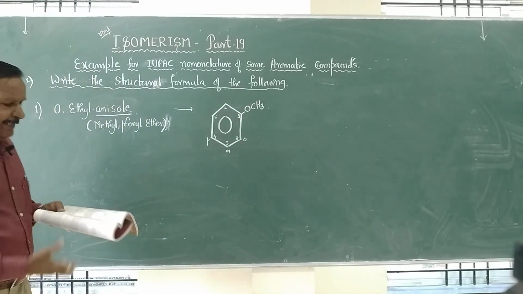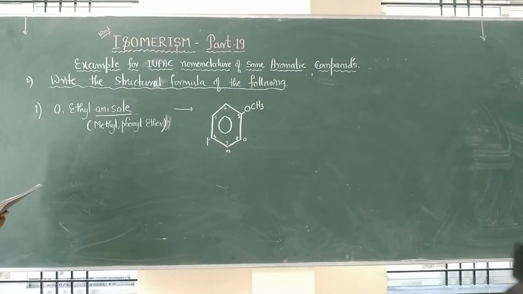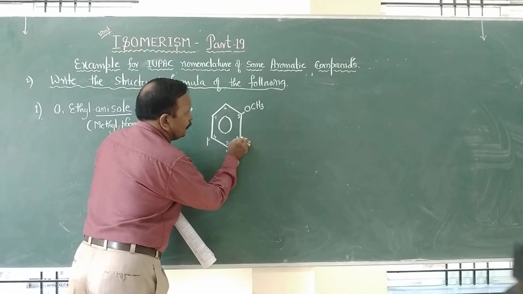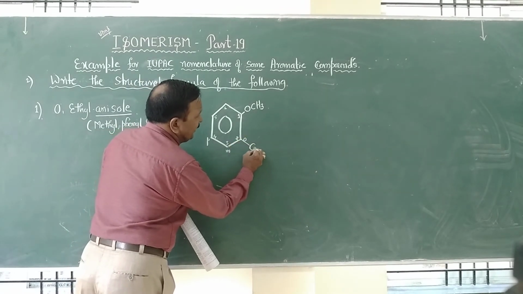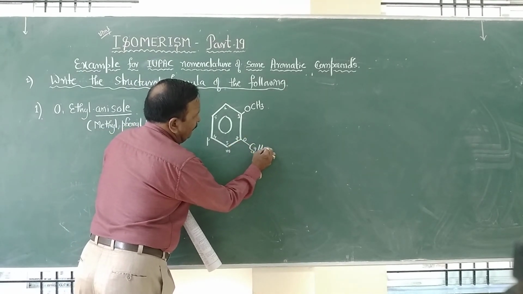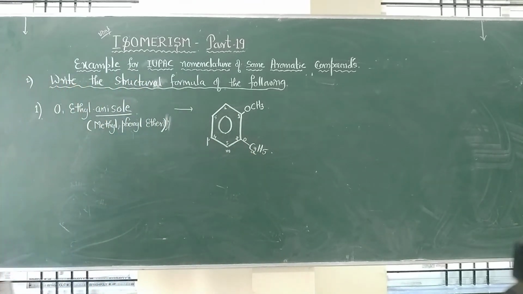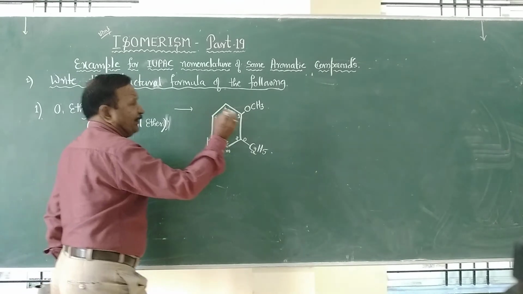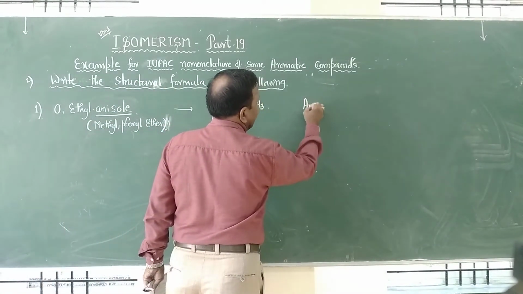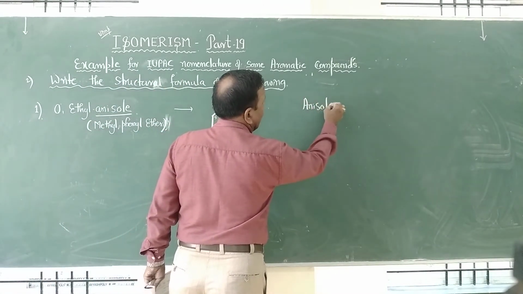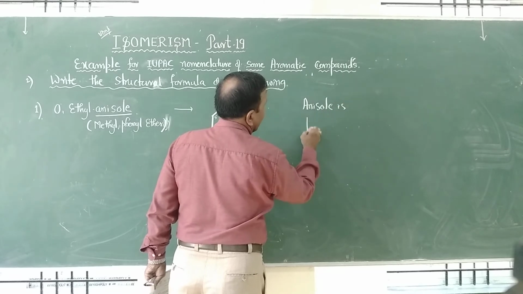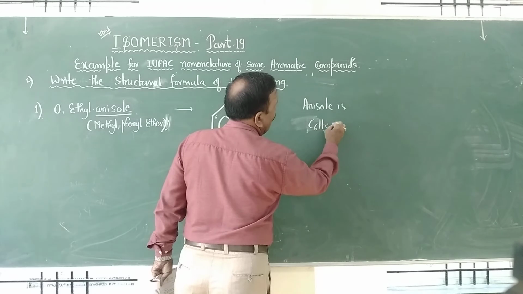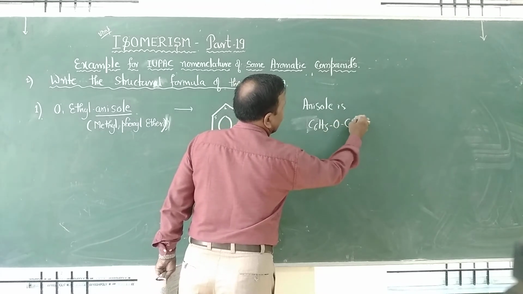Then, what have they asked? Ortho-ethyl. So, you should write an ethyl group here. So, ortho-ethyl anisole, and this is called phenyl methyl ether. So, anisole is C6H5OCH3.